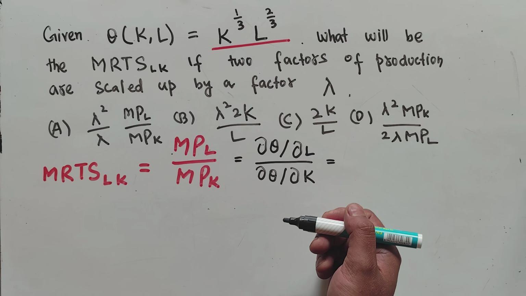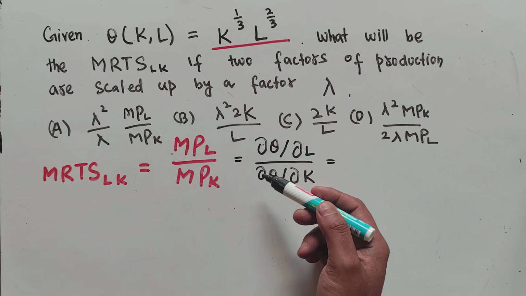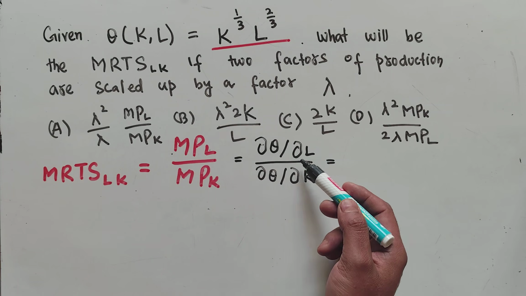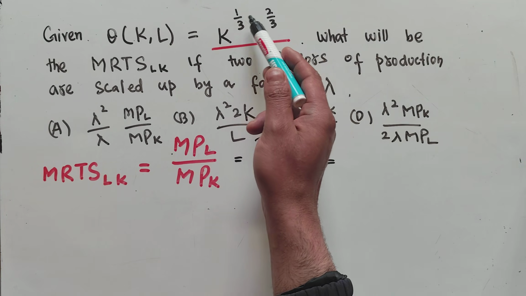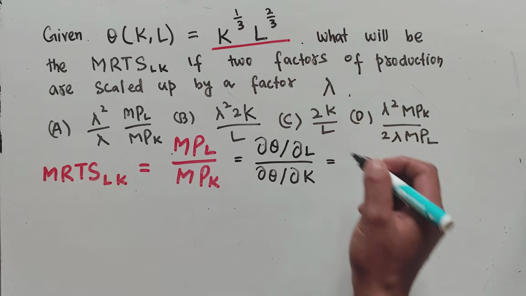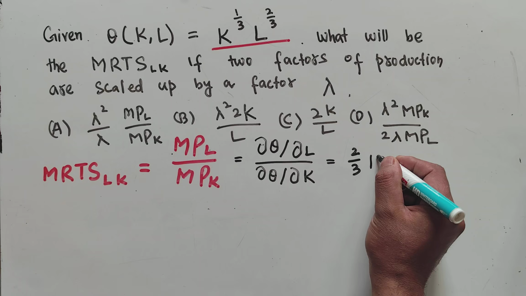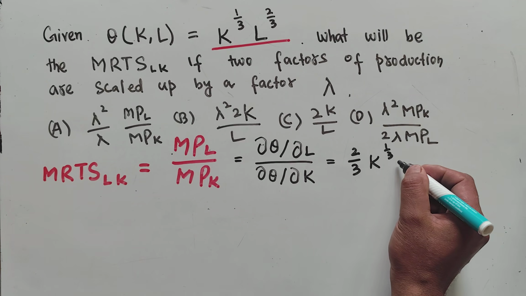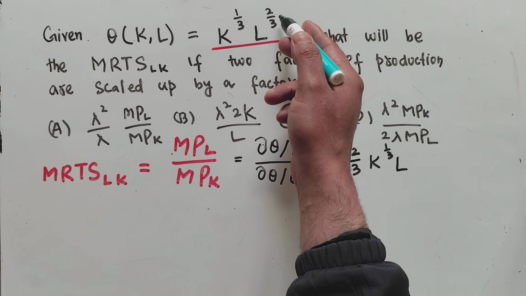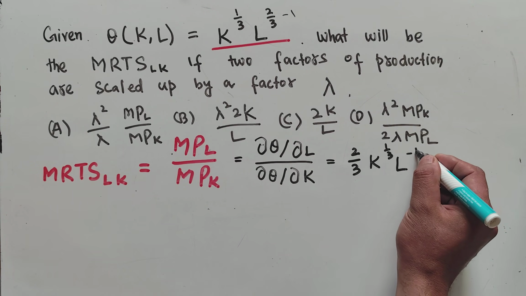Let's take the derivatives. dQ/dL means we differentiate partially with respect to L. So the exponent of L becomes the coefficient, so we have 2/3. K raised to the power 1/3 will remain the same because we are taking the partial with respect to L, and the exponent of L gets subtracted by 1, so 2/3 minus 1 is minus 1/3.